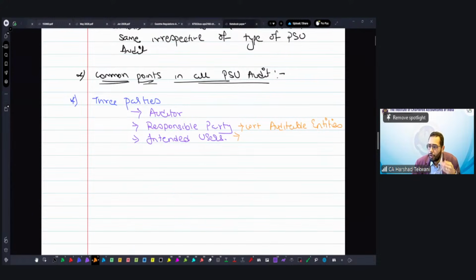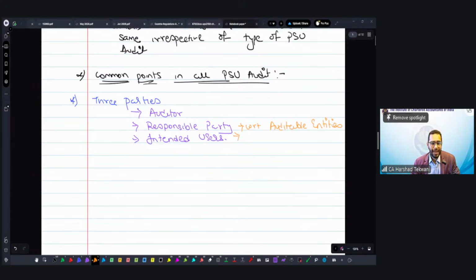For whom the audit is performed, okay? Tell me who will be the intended users when the audit will be performed for, let's say, NHAI. When we talk about NHAI, who will be the intended users? Anyone? Like public, okay, public.